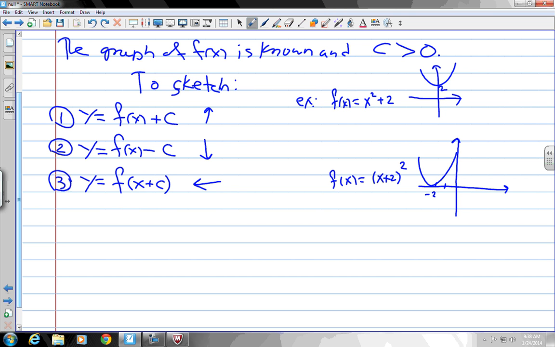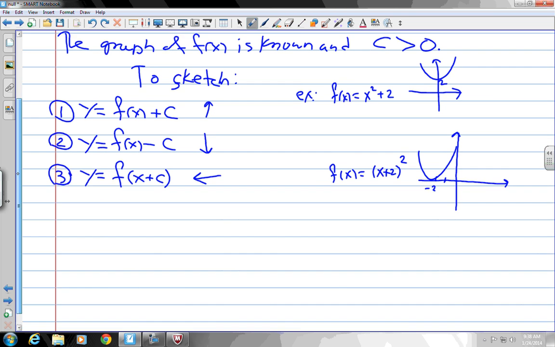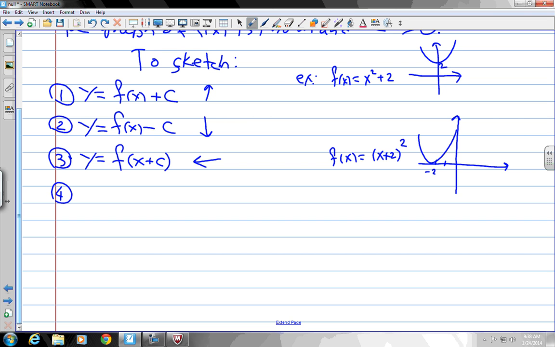So shift to the left. So if I subtract something on the inside, y equals f of x minus c, it shifts to the right. Okay? All right. So we have vertical shifts, horizontal shifts.